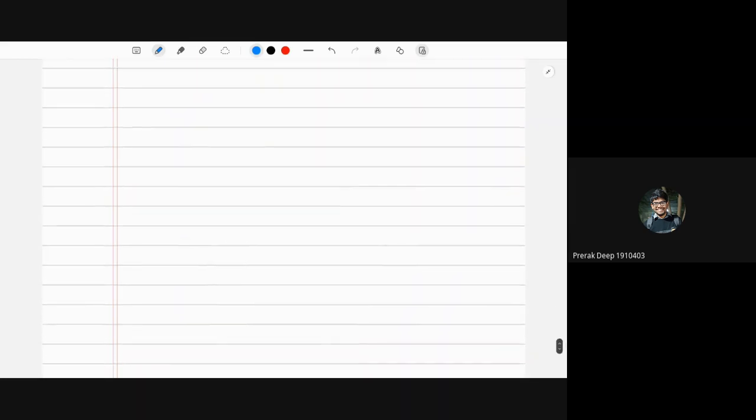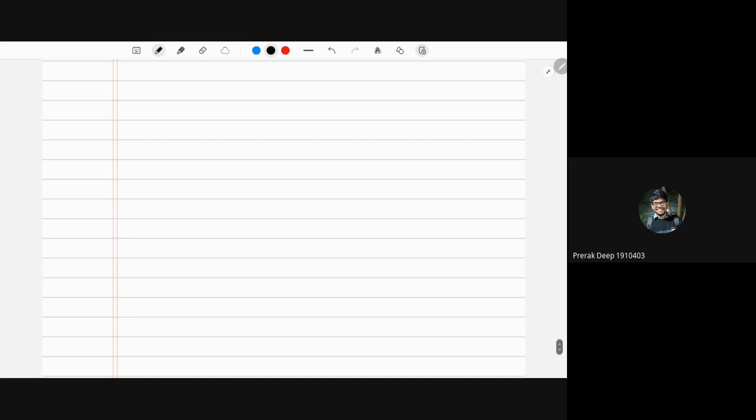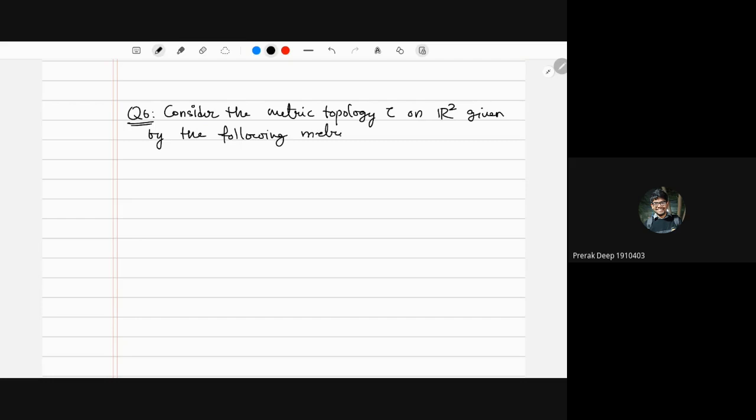Okay, now let's move on to discuss question 6. Right. So we have considered the metric topology tau on R2 given by the following metric d.